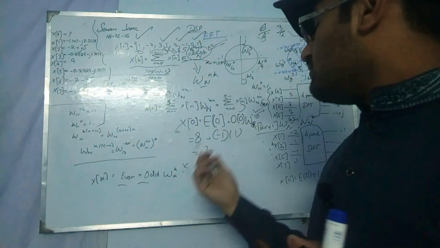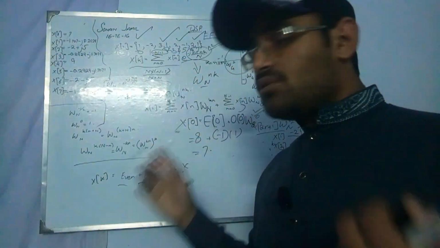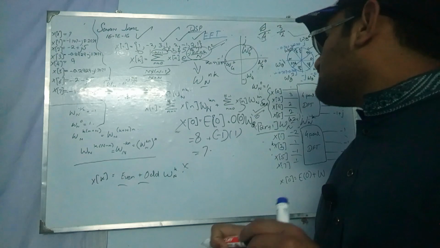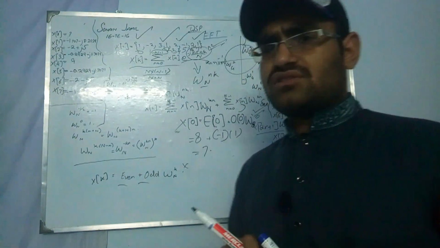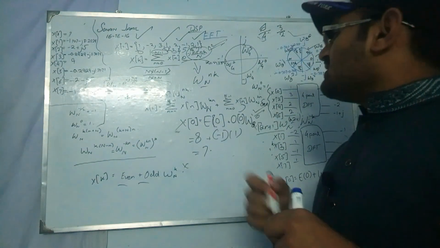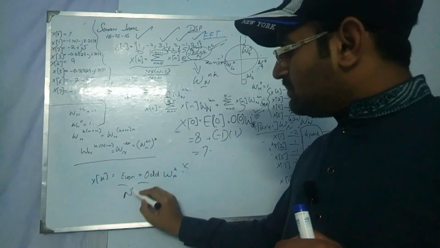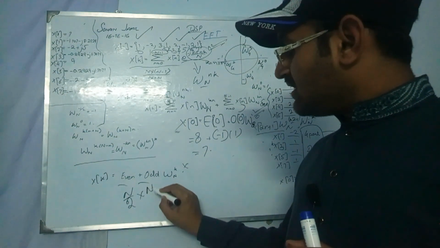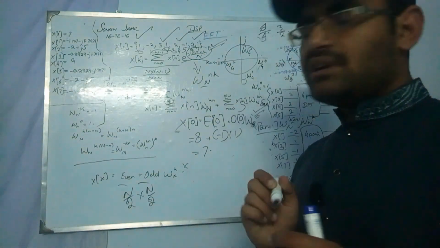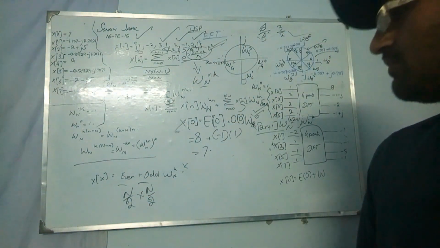So what we conclude from this whole discussion is how we can reduce our computational cost. As you can see that this is N by 2, so multiplication will be N by 2 into N by 2. It will be reduced to N square by 4.